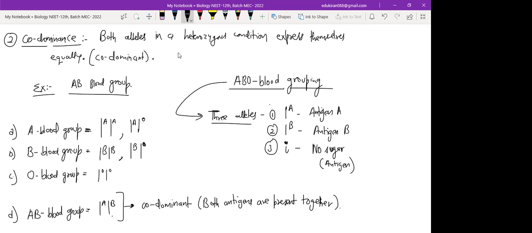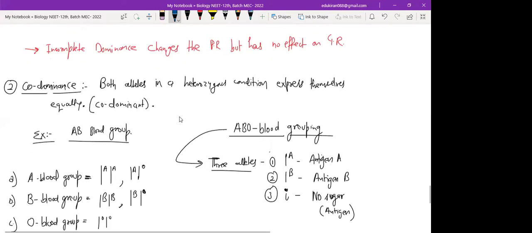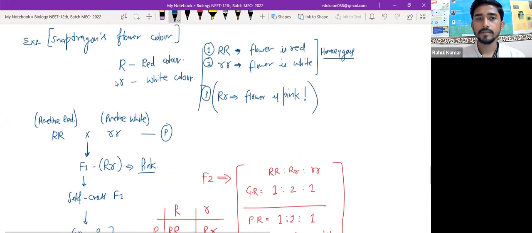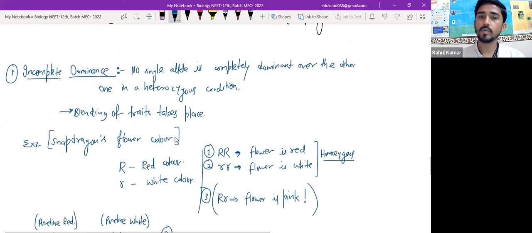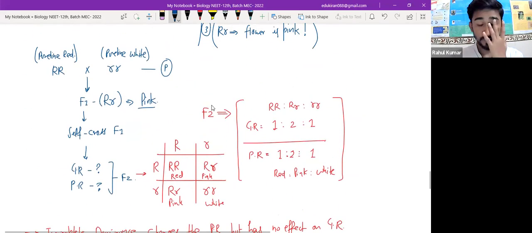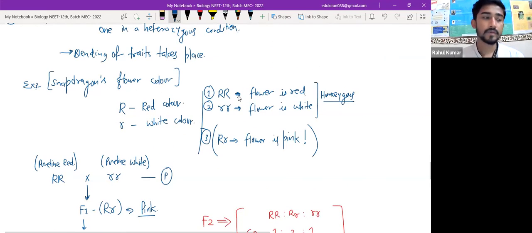Okay. So both incomplete dominance and codominance is clear to you? Yes. For incomplete dominance, there is one more example that I want you to read by yourself. Write down. It is the example for production of starch granules in pea plant.